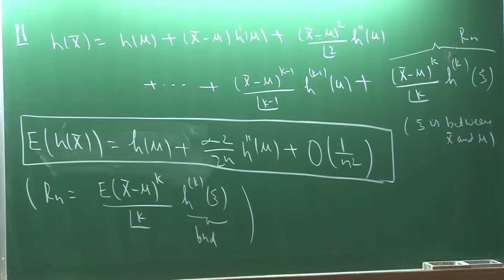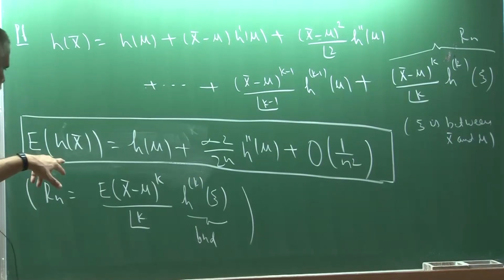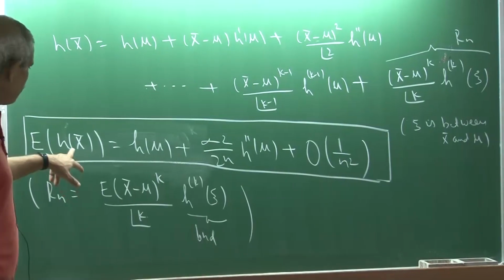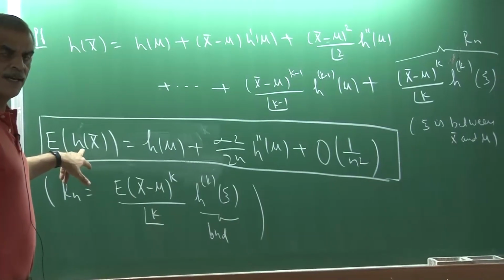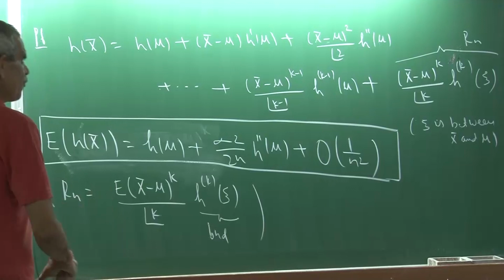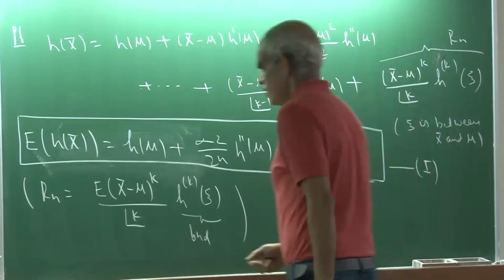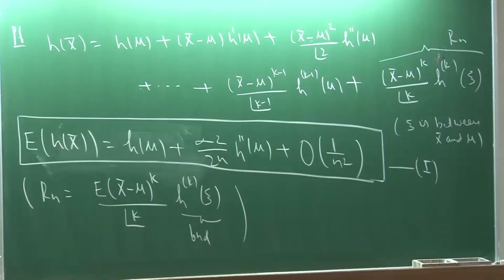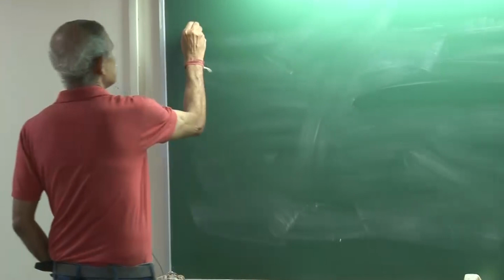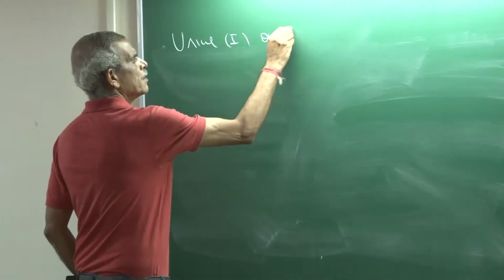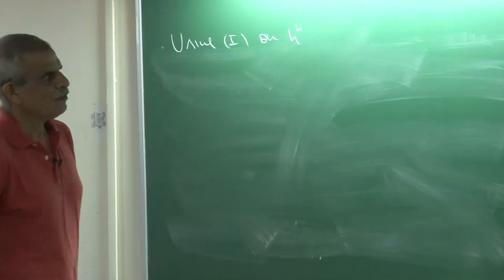So to find the variance of h of x bar, I should try to find the expected value of h square of x bar. So I replace h by h square. So from 1, let me call this 1, using 1 on h square, what do you get?